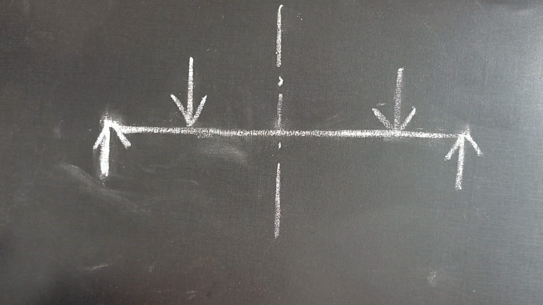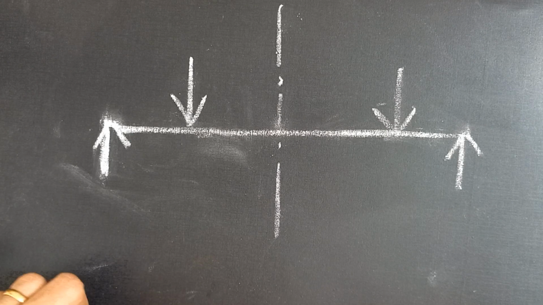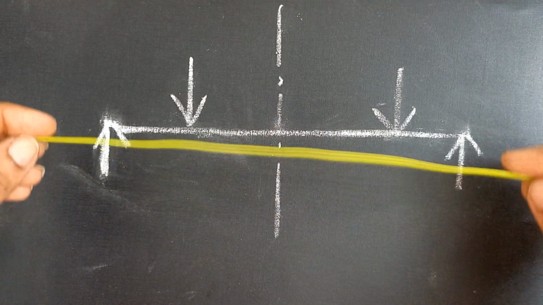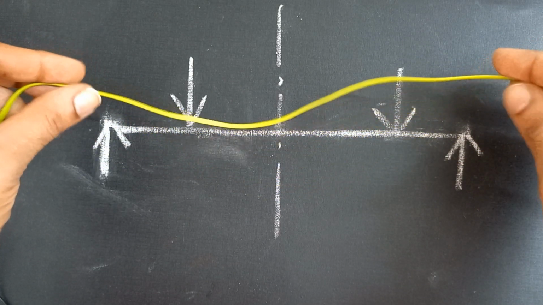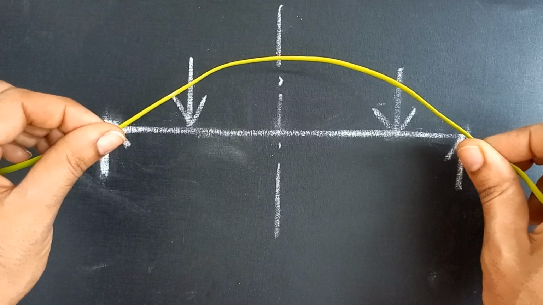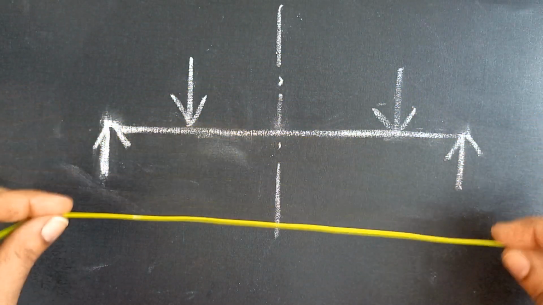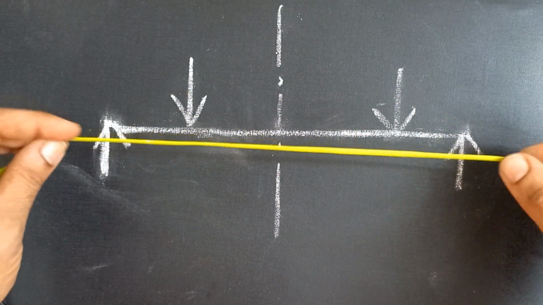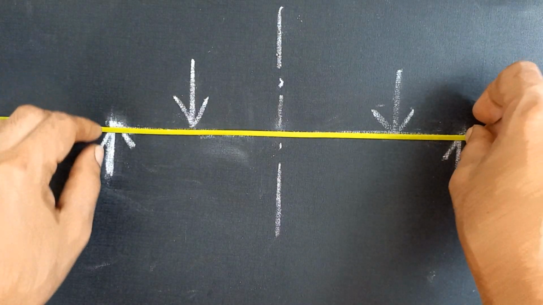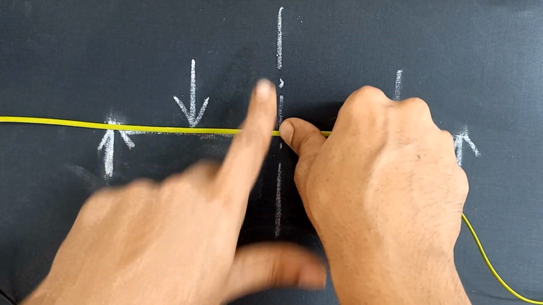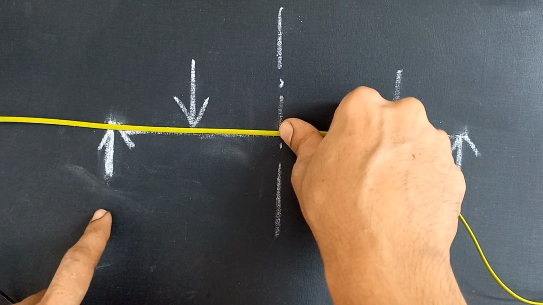Now let's see how to determine the sign for bending moments. So before that, you should know we are taking sagging as positive and hogging as negative. Okay. Now for better understanding, let me place this here. This is the section we are considering and this is the force.